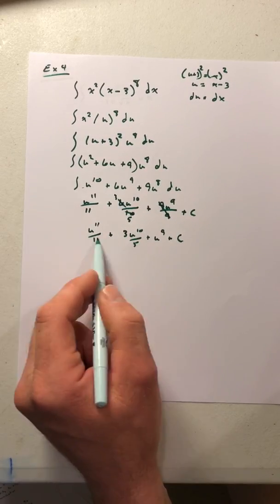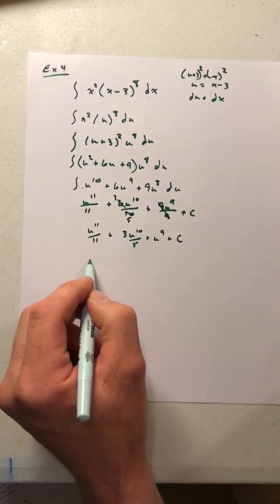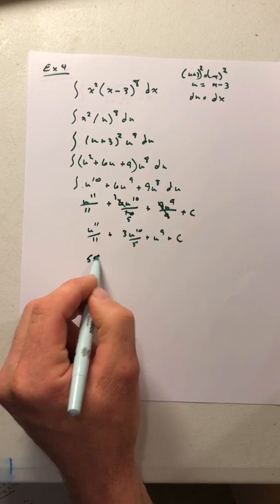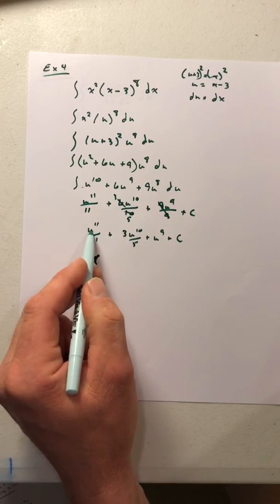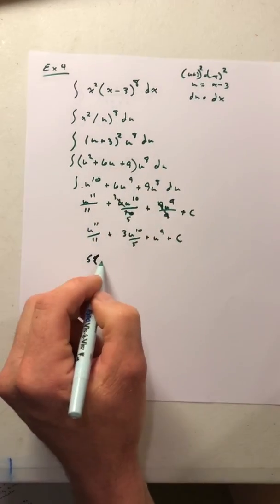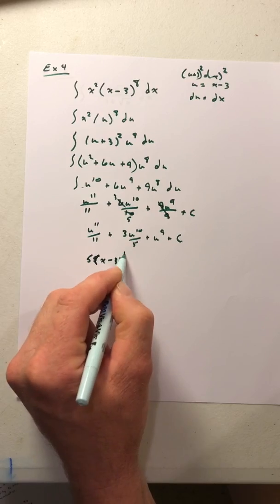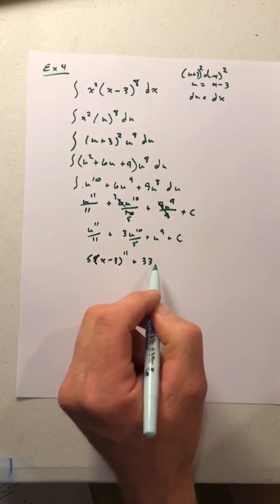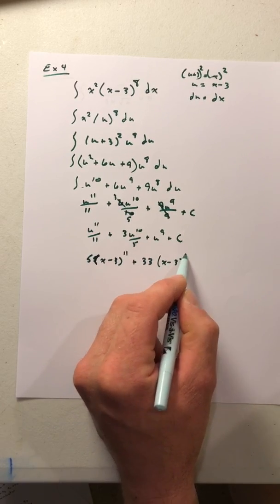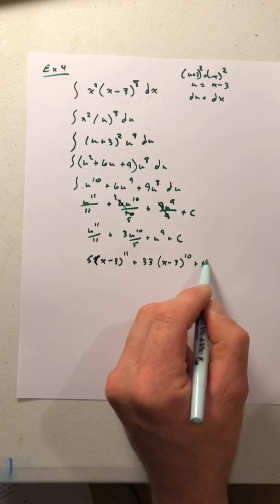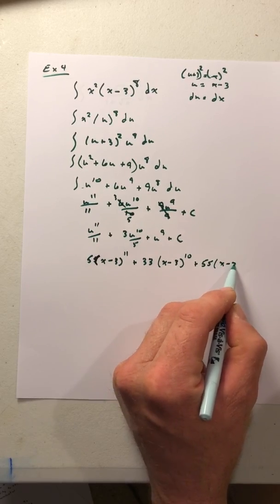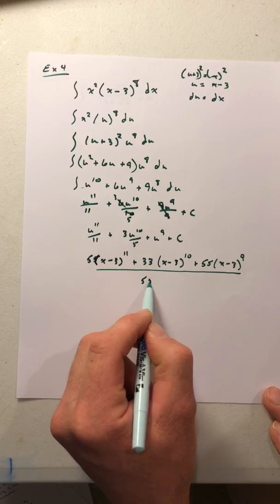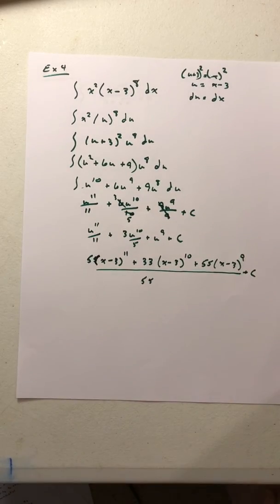Finding a common denominator, my common denominator is just 55. So I have 55, I have 5 times my u, and I'm going to go ahead and replace my u with x minus 3. So I have 5 x minus 3's to the 11th plus 33 x minus 3's to the 10th plus 55 x minus 3's to the 9th. And this is all over 55 plus c.